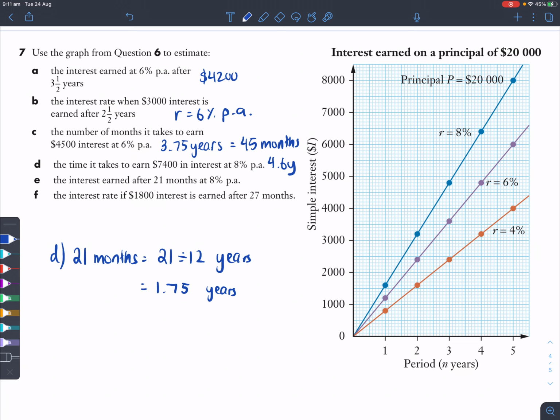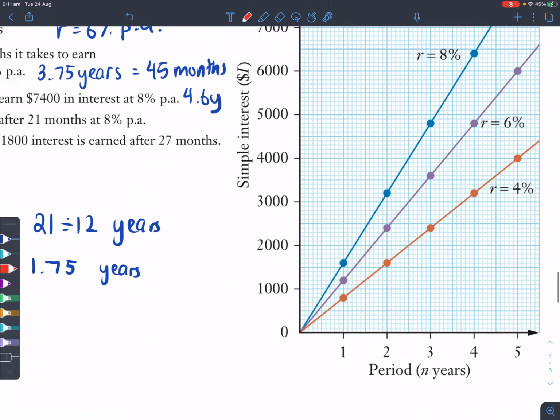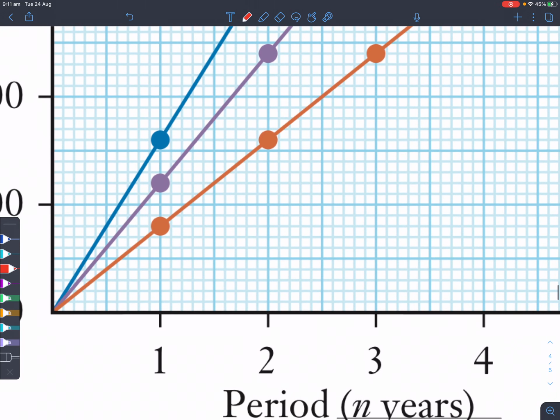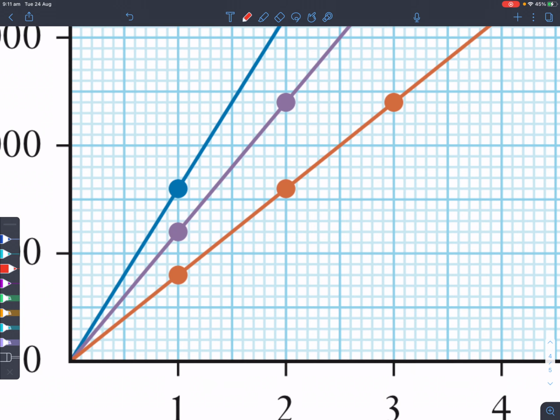Let's have a look at 1.75 years and at 8% per annum. 1.75 means it's 1 3/4, so it's the middle between 1.5 and 2. We're looking at this part, and hitting the 8% graph, which is there, and just going across like that.